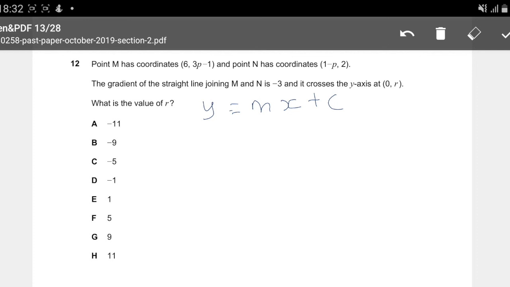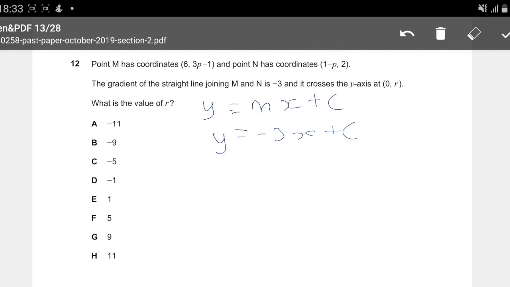And we're essentially going to be inputting the gradient that they've kindly given us, which is minus 3x plus c is equal to y. And now we're going to form two simultaneous equations with each coordinate. So we're going to have one simultaneous equation with the coordinates at point M, another simultaneous equation with the coordinates at point N.